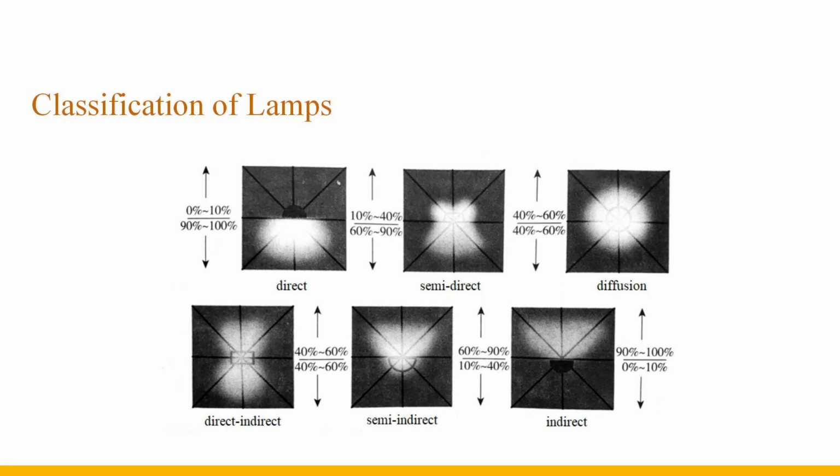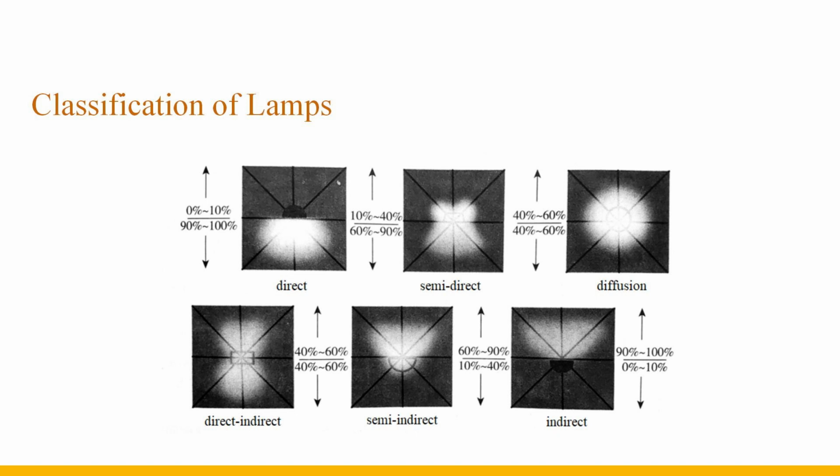Lamps are divided into the following 5 categories according to the distribution of luminous flux in the upper and lower hemisphere: direct type, semi-direct type, diffuse type, semi-indirect type, and indirect type. Direct type lamps emit 90% to 100% of the luminous flux downward, and are made of opaque materials with good reflective performance, which send almost all the light downward.